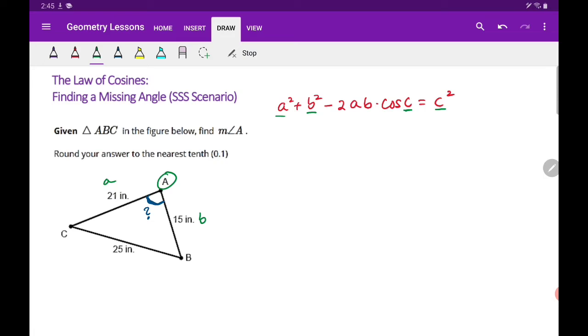So let's plug in our information in the formula. Let's substitute.